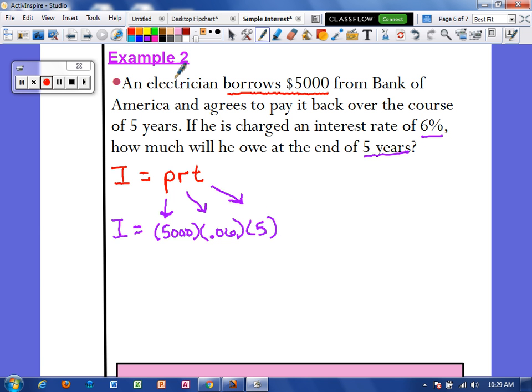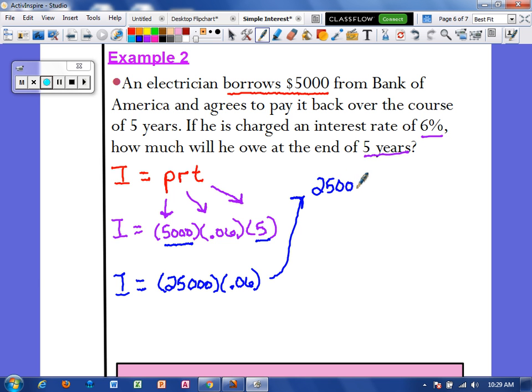And we're just going to multiply all of those together. So the first thing that I'm going to multiply, I'm going to do 5,000 times 5. 5 times 5 is 25. And then we just add the 3 zeros on the end. And that's got to be multiplied by 0.06. So I am going to work that out right up here.